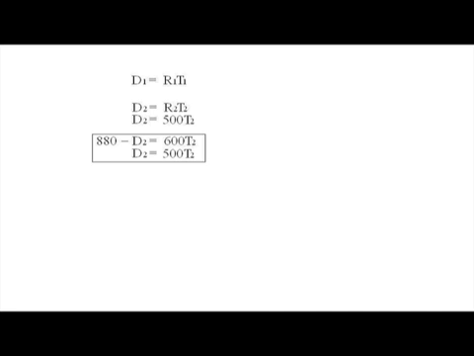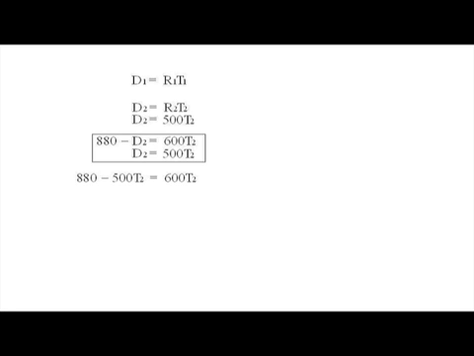Now let's take these two formulas and we're going to substitute the second formula into the first formula. For the second formula, we know that d2 equals 500 t2. Therefore, we're going to insert 500 t2 into the first formula. Now let's look at the first formula again.